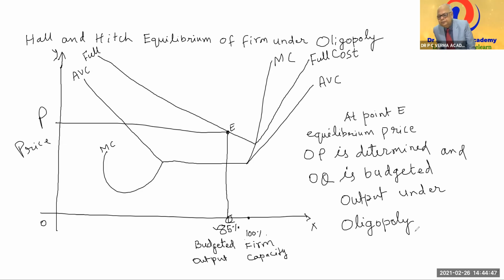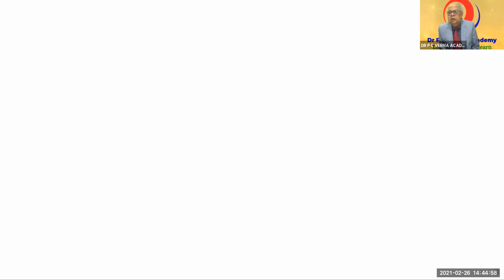This is equilibrium. If there is supernormal profit, many firms will enter into the group and supernormal profit will vanish. If there is a loss, many firms will leave the group and there will be normal profit again. Loss will vanish. So there will always be normal profit, and the firm is selling at full cost in a stable way.